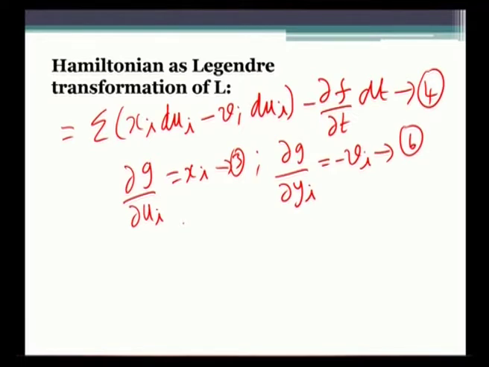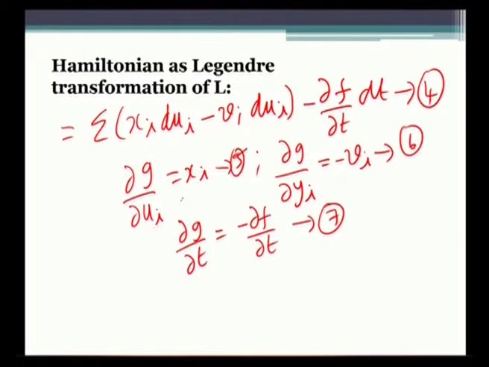And dou g by dou t is equal to minus dou f by dou t. Keep this as equation 7. So, these equations 5, 6 and 7 give the required Legendre transformation.